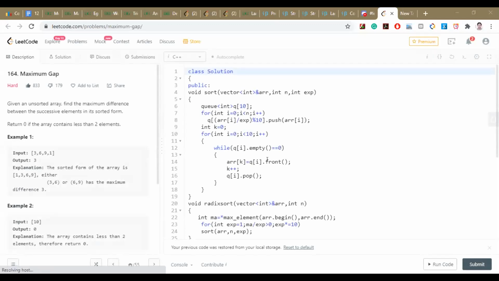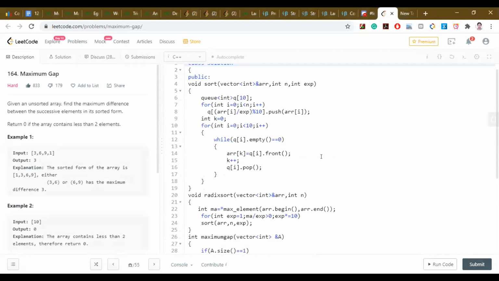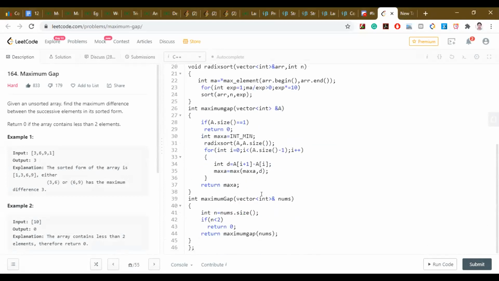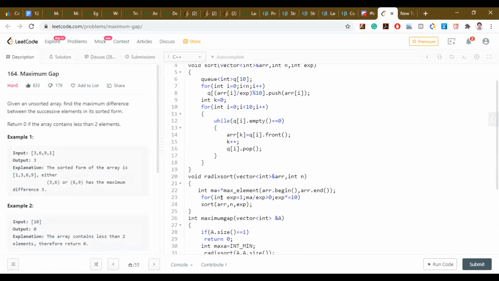Visible? Yeah. So what I did is that first I found out the maximum element in the array. Then I took an exponent which I will use to reduce the digits base by base, like the decimal digit, then the tenth digit, then the hundredth digit, like that.